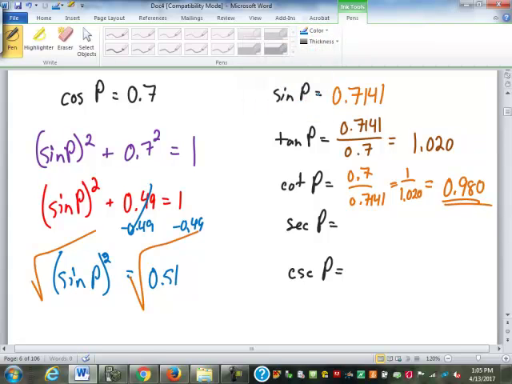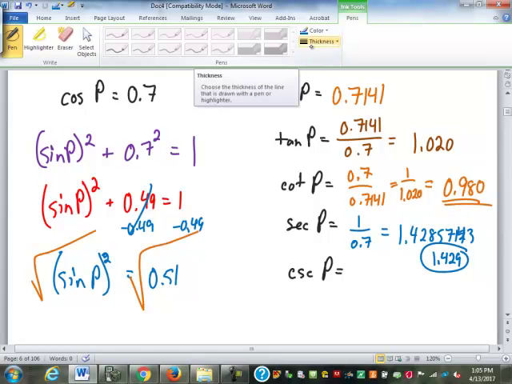Secant. How do we find secant? It's the reciprocal of cosine. So cosine is 0.7. 1 over 0.7 is 1.4285714 approximately. So 1.429. I can go more digits if you want me to.